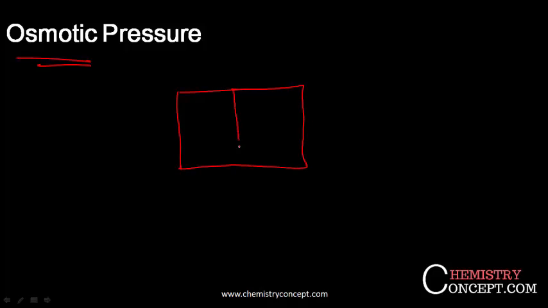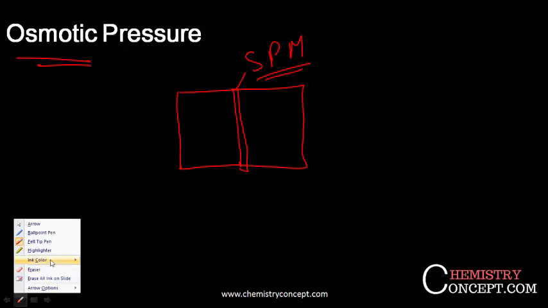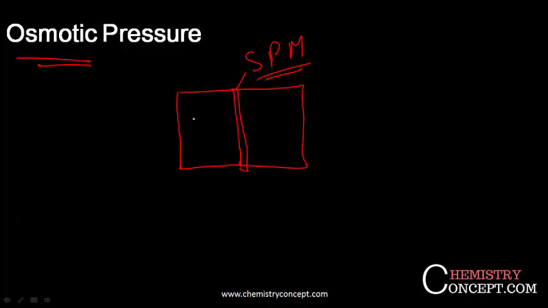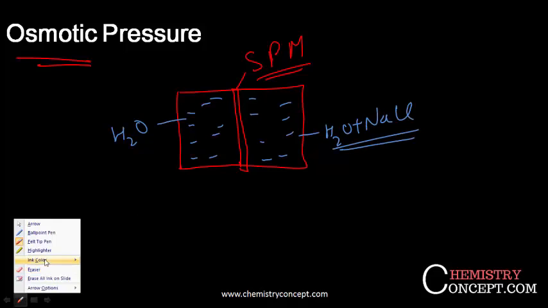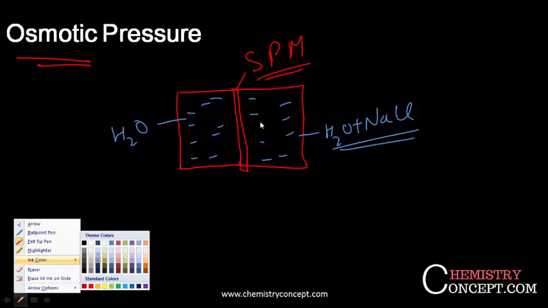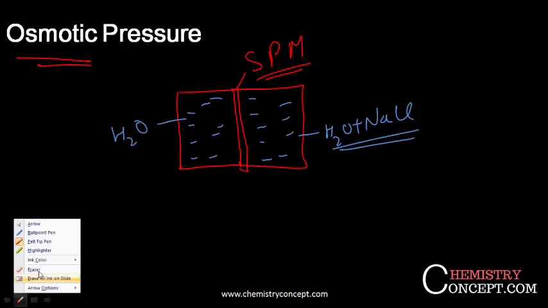Next is osmotic pressure. First of all, what is osmosis? Let's say I take a box and in between I put a semi-permeable membrane, that means one which allows only solvent molecules to pass through it and not the solute molecules. One side I have pure water. Other side I have water plus salt, NaCl, so water as well as salts.